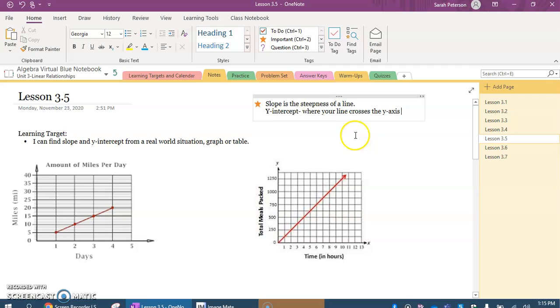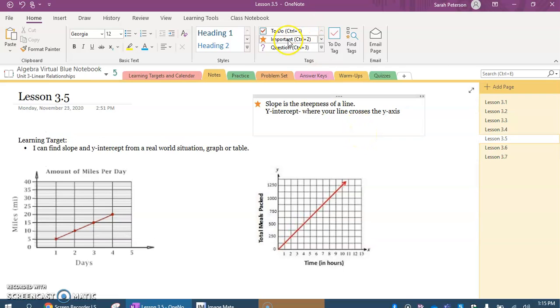We also talked last week about the constant of proportionality. You are very familiar with the constant of proportionality equation that looks like y equals kx, where k is the constant of proportionality.